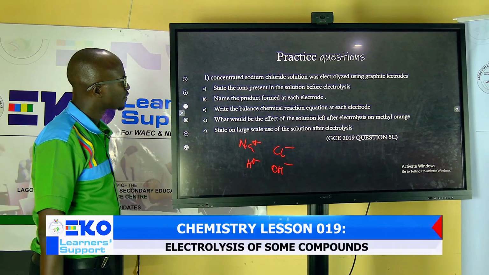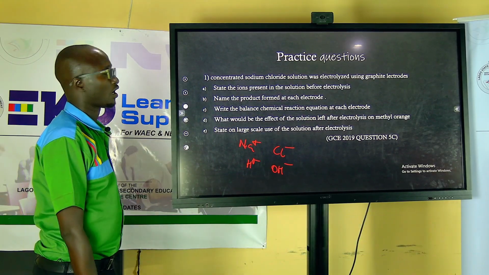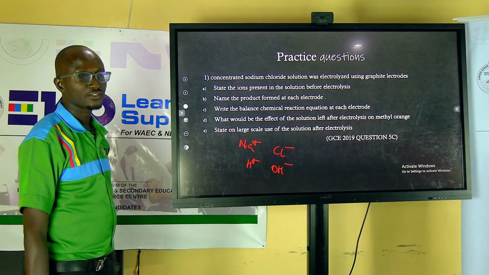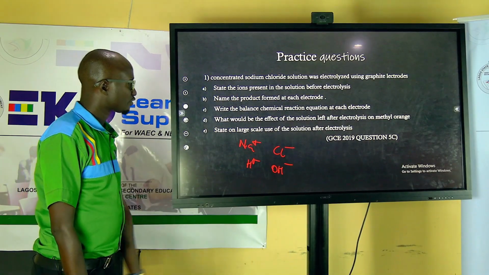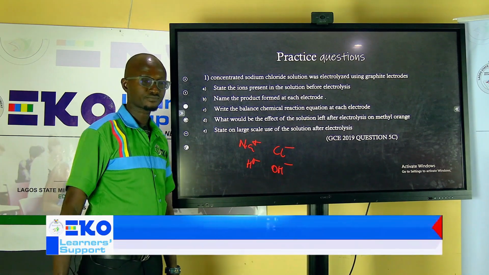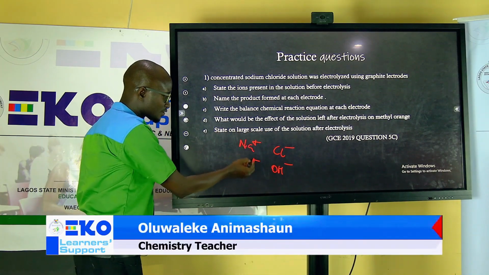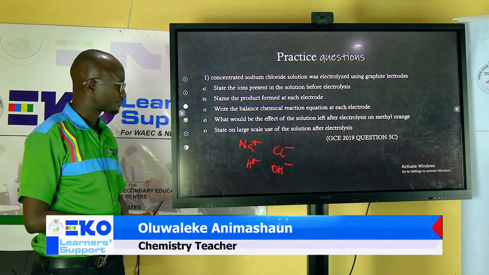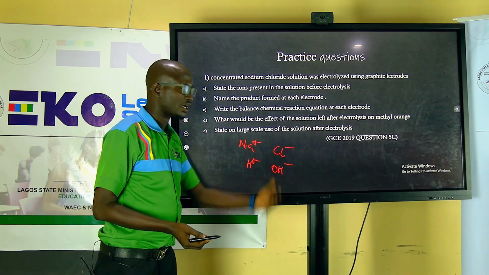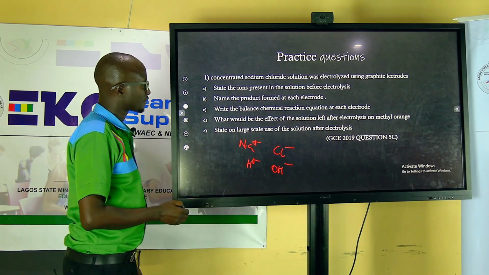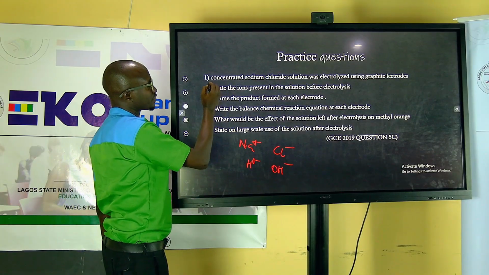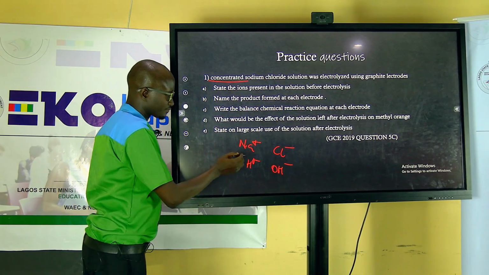The next question says, name the product formed at each electrode. Wow. The examiner does not know that you have been properly taught. Which product is formed at each electrode? Remember, these two go to the cathode. These two go to the anode. Despite the high concentration of this, remember, we are dealing with concentrated, the word concentrated.